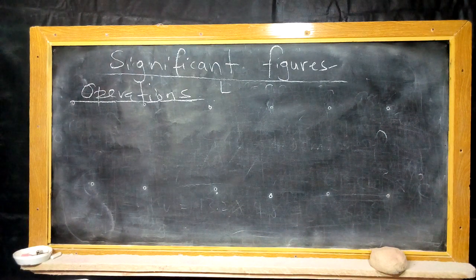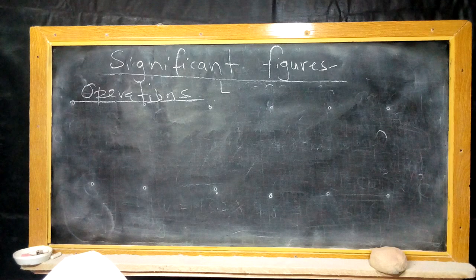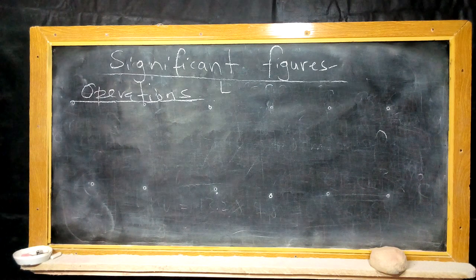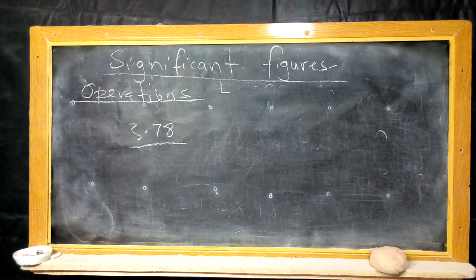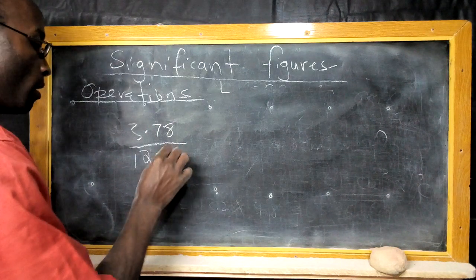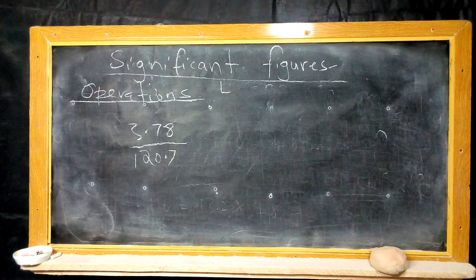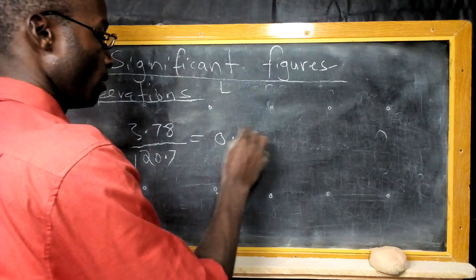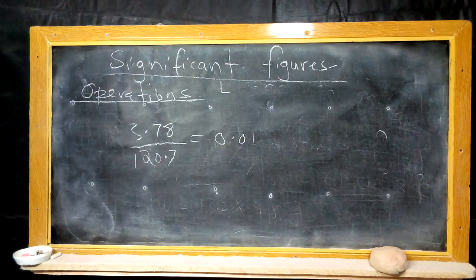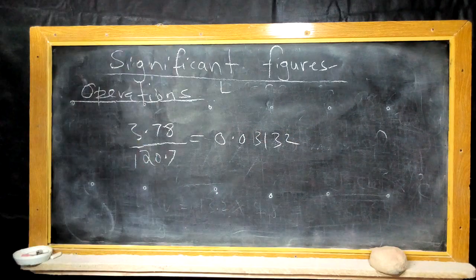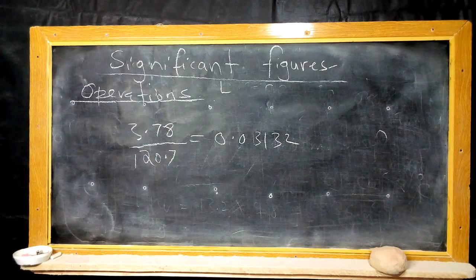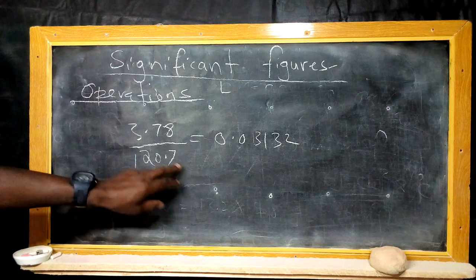Now for division, suppose we have a figure like 3.78 divided by 120.7. These are 2 decimal fractions that we're going to divide. So we write 0.0313 2. So the answer is given as that. From this we have 1, 2, 3, 4 significant figures.